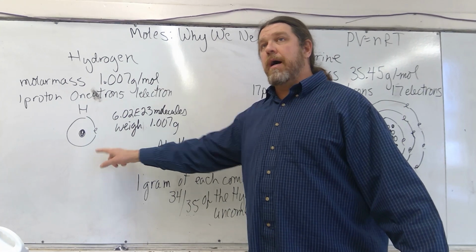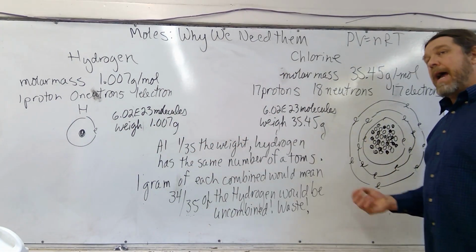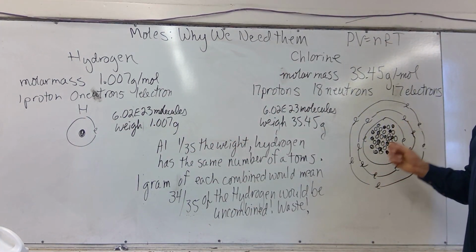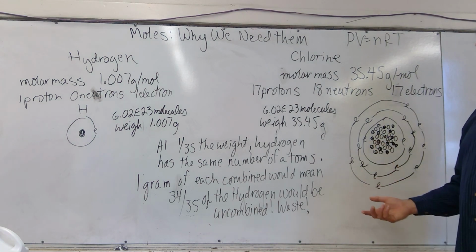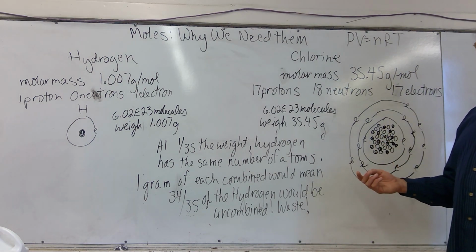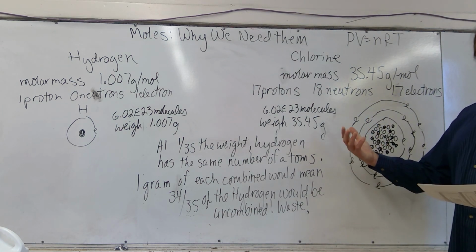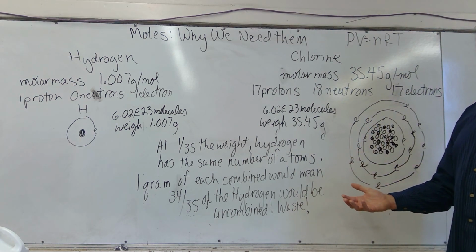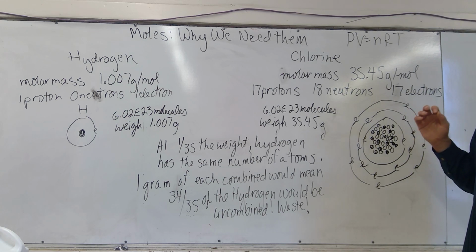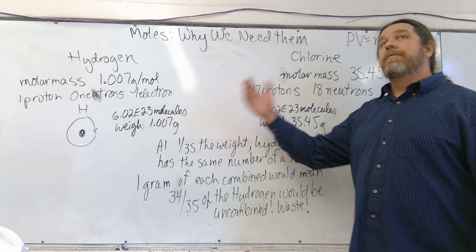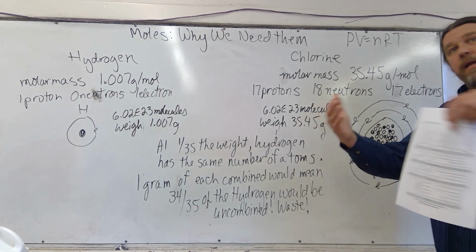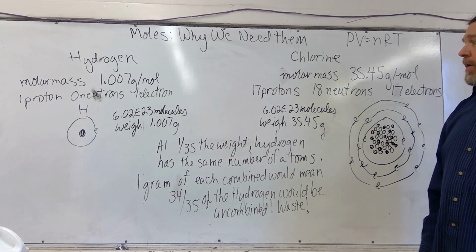They both combine one atom to one atom, and thus we have to account for the fact that if we want to deal with real weights in real life, instead of one atom of each, and make a whole solution of hydrochloric acid, then we need to account for the disparity in weights for the same number of atoms that we hope will all combine.